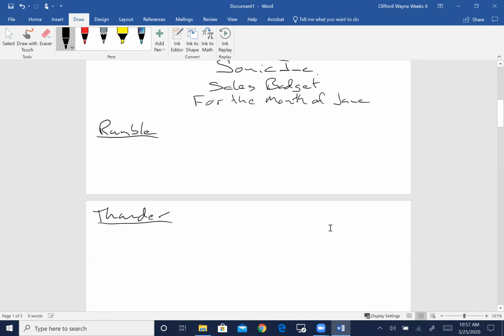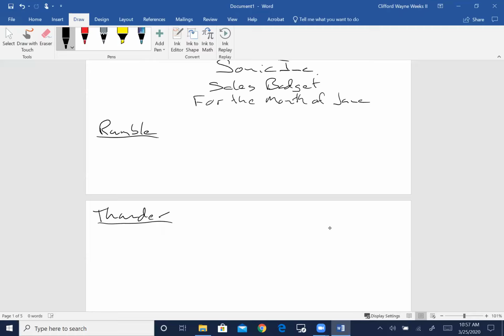There are three very important numbers when it comes to the sales budget. Obviously, all the numbers are important to you guys because that's how you're going to get maximum points for this problem. But for Rumble, we're going to identify the units that Sonic is going to sell. Below, you can see that they have East and West divisions.